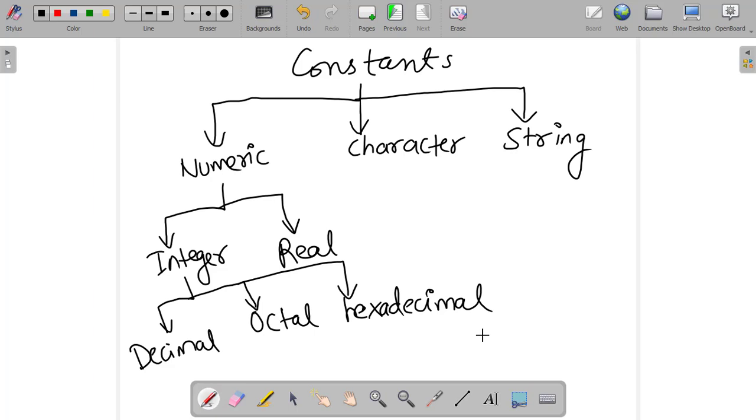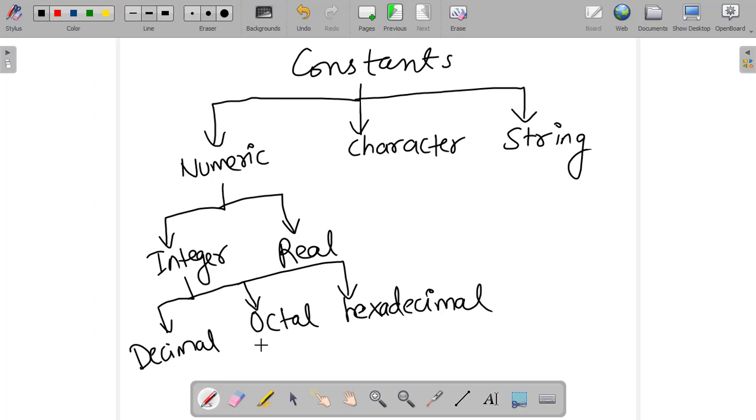And the real constant contains the decimal values, the octal values, and the hexadecimal values. For the sake of programming, I will tell you the brief about these. Octal, I think decimal is clear. Decimal is simply the numbers. Decimal constants are the numbers.